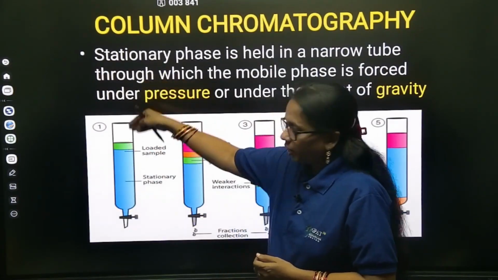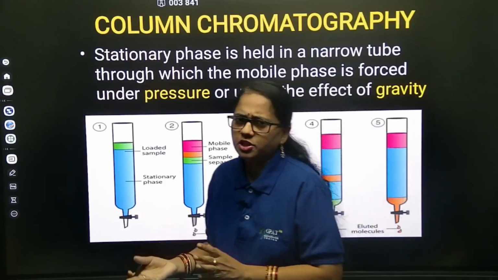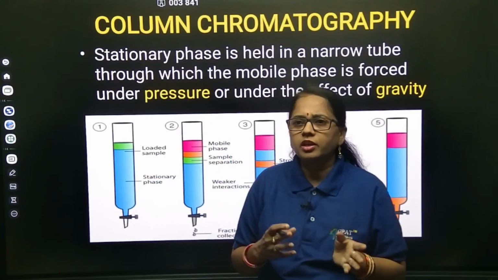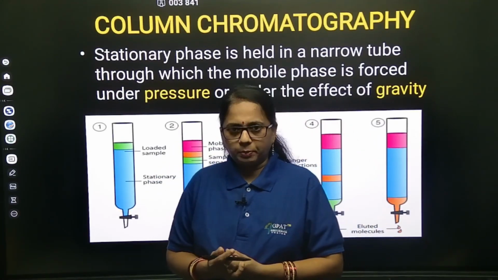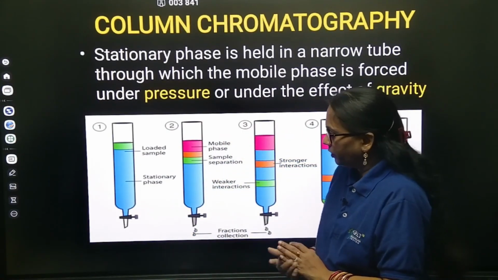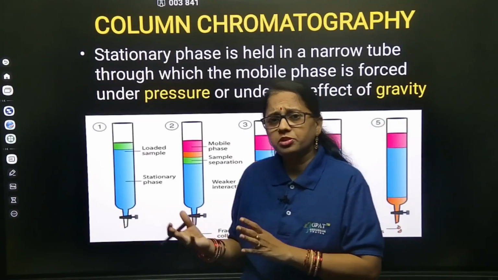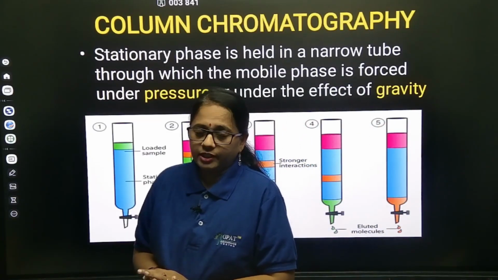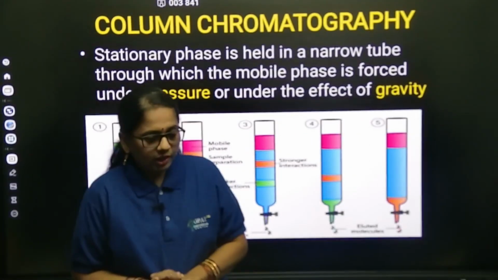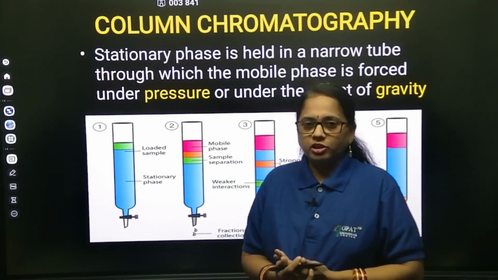From the top we pack the stationary phase, either by the wet packing method or the dry packing method, but preferably we go for wet packing. For the stationary phase we use a number of compounds like silica, silica beads, alumina, and activated magnesium silicate.